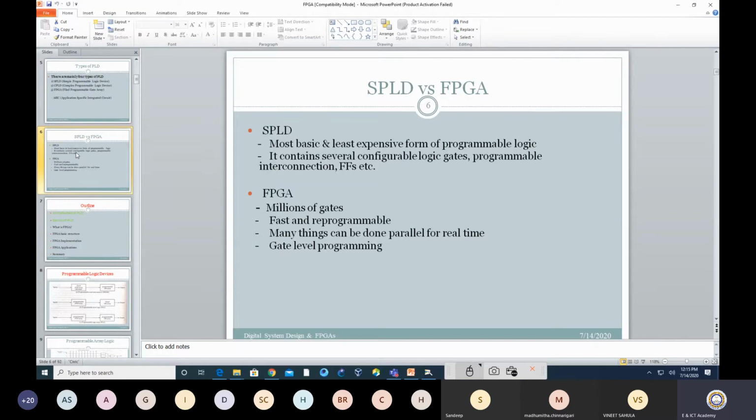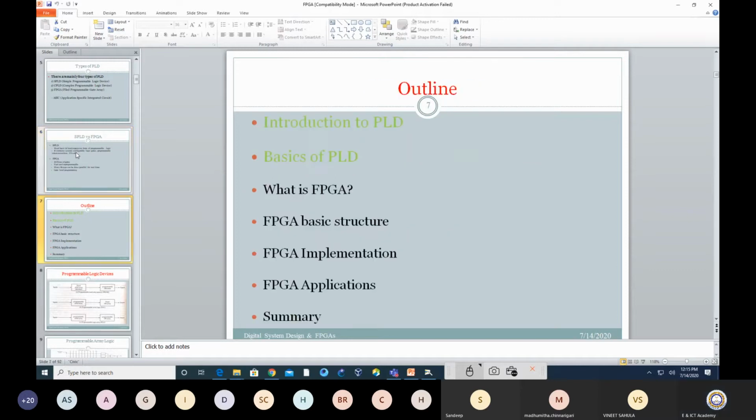They are also very easy to operate, which helps you improve your design cycle. Many things can be done in parallel. This is an advantage of HDL that helps us achieve real-time applications. Gate level programming can also be done through HDL.